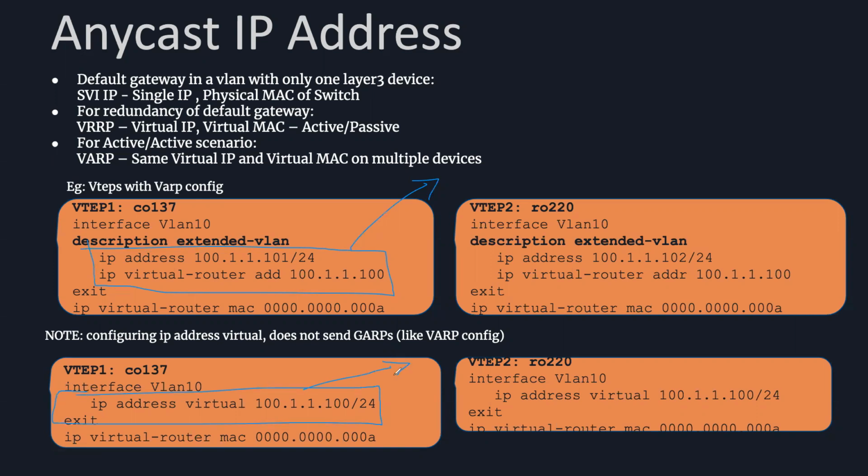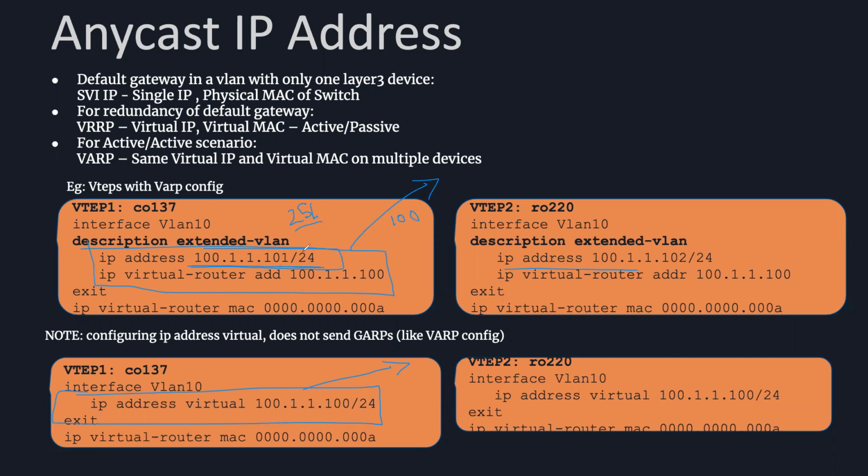Okay. Now, can you tell me which one is better, or what is the problem with the VARP configuration? Wastage of IP addresses, yes. So let's say you have 100 VTEPs in your DC. Out of a /24, usable IPs are 254.